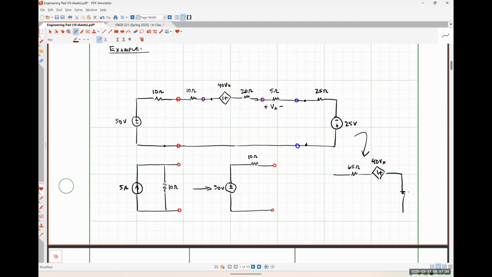Here's my 5 ohm resistor, across which I have the voltage Vx. And then I have 50 volts in series with 25 volts. It's going to look like 75 volts. And that is my simplified representation of that circuit.